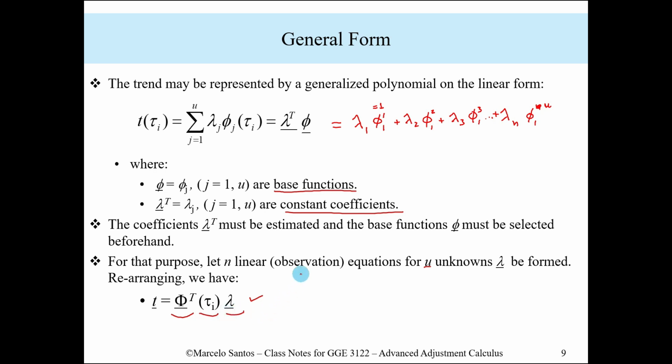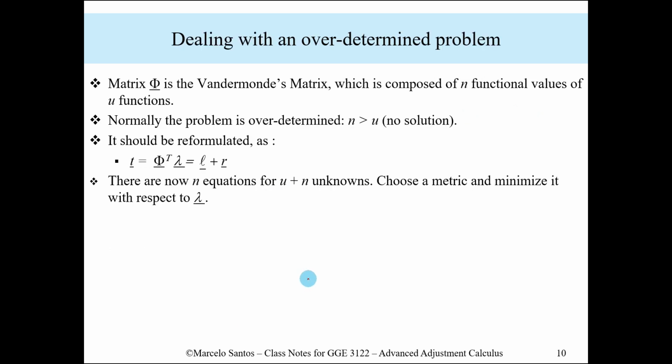Matrix phi has a particular name. It is called the Vandermonde matrix, which is composed of functional values of the functions. Normally the problem is ill-determined in the sense that n is less than u. So it should be reformulated.